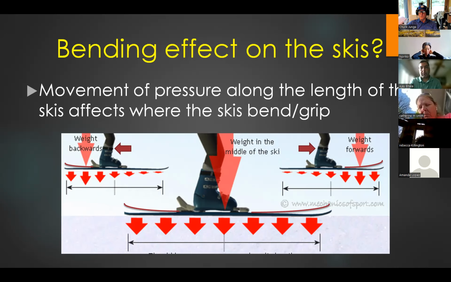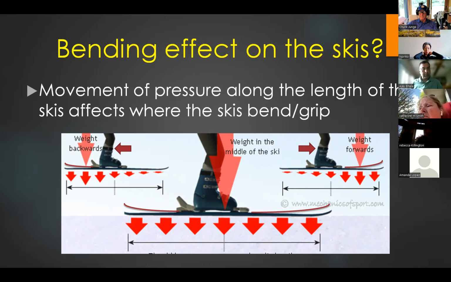So your pressure would feel like it was more along the ball of the foot, right? And then as we move through the turn, the pressure moves backwards because we need to bend the ski differently.